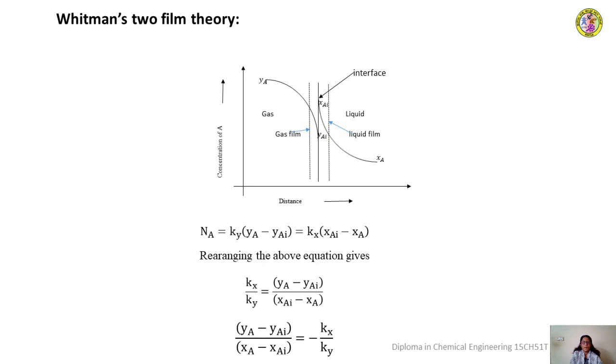You can see that on either side of the interface, two thin films are shown where the concentration has dropped from Ya to Yai on the gas side and from Xai to Xa on the liquid side. Here Ya and Xa are the bulk gas phase and liquid phase concentrations, and Xai and Yai are the interface concentrations.